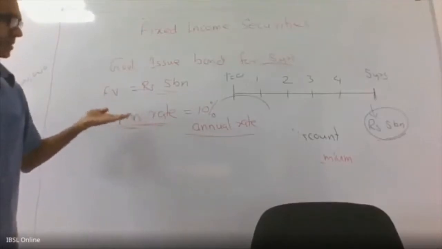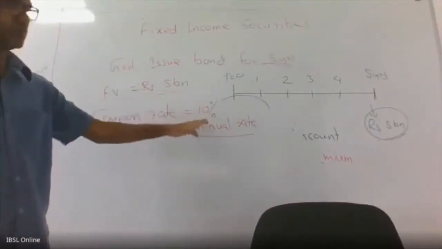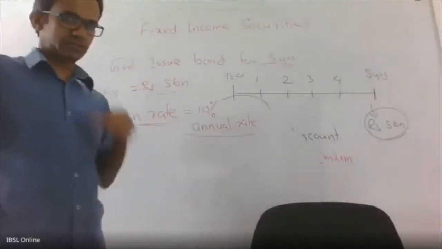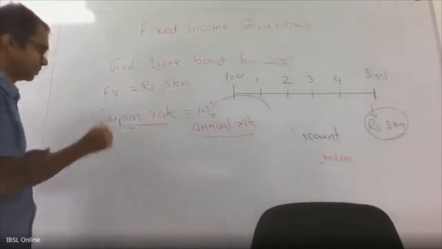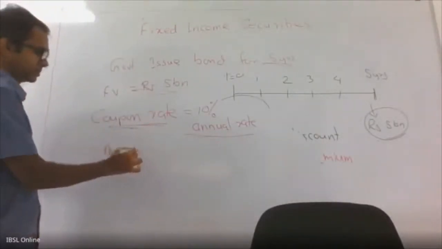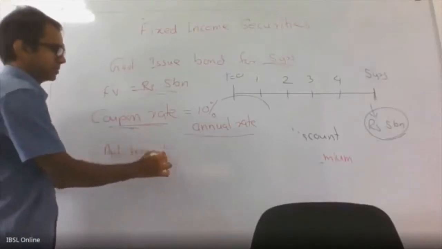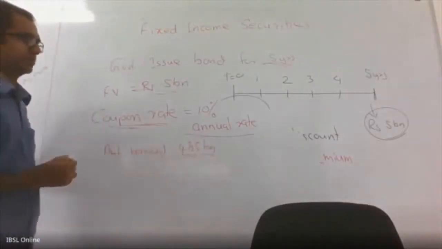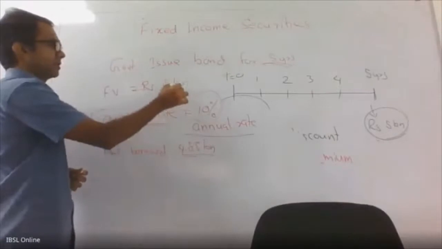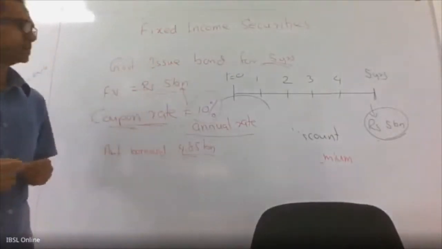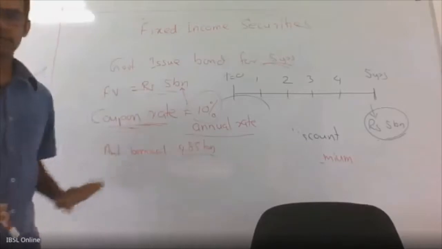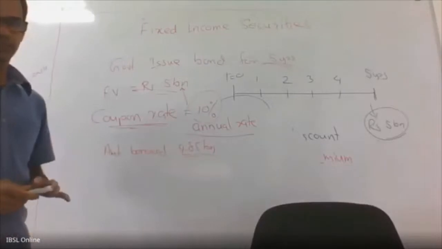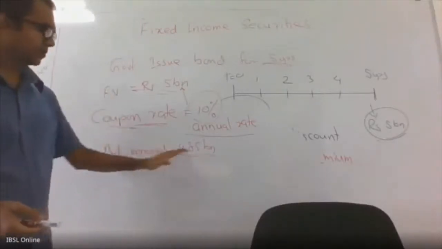What is the interest rate the issuer agrees to pay on the face value, not the amount borrowed I mentioned earlier. Face value 5 billion, amount borrowed maybe at the beginning, maybe 4.85 billion. But the interest rate is applied on the face value, not the borrowed amount. This is only at the initial stage. In the primary market, borrowed amount may be 4.85 billion.